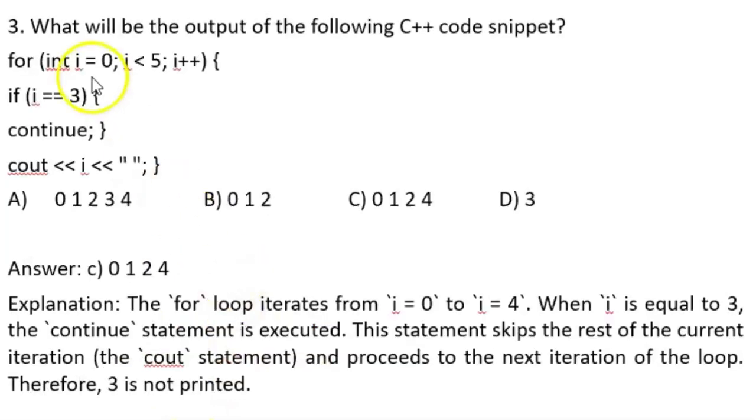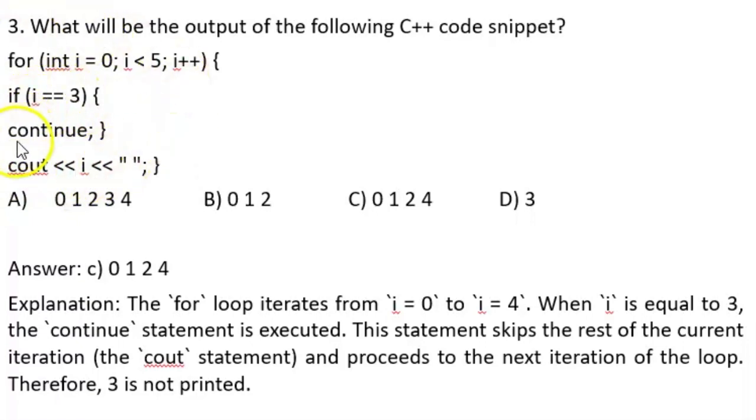Question number 3. What will be the output of the following C++ code snippet? For int i = 0 initially, i less than 5, i++. If i equals 3, continue. Then cout i.